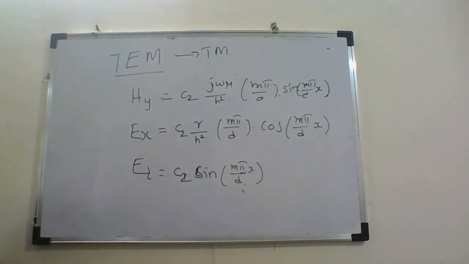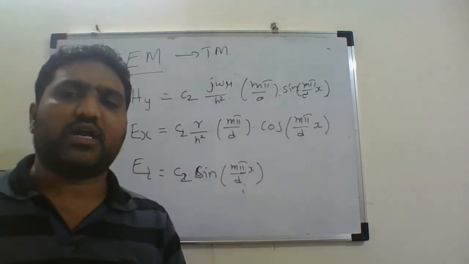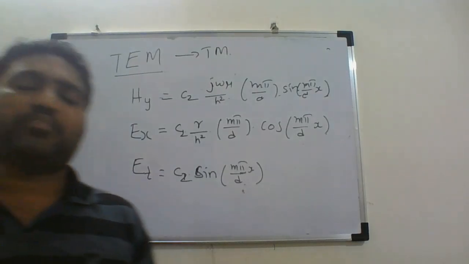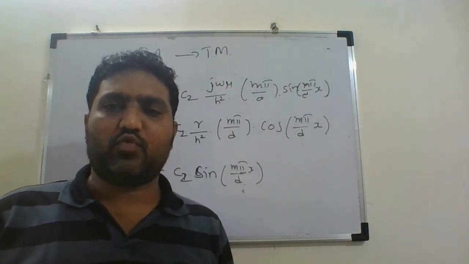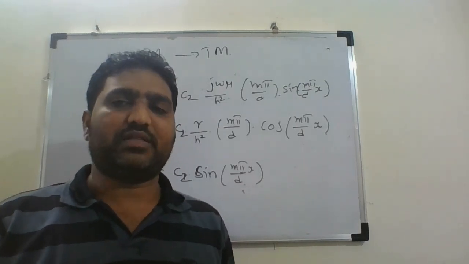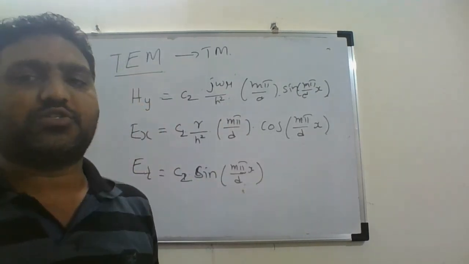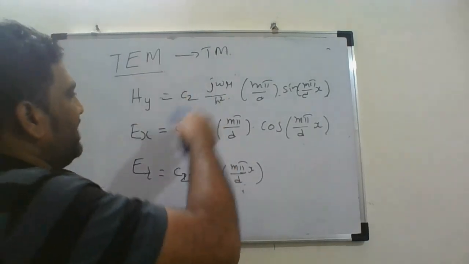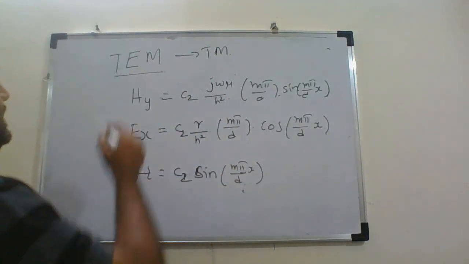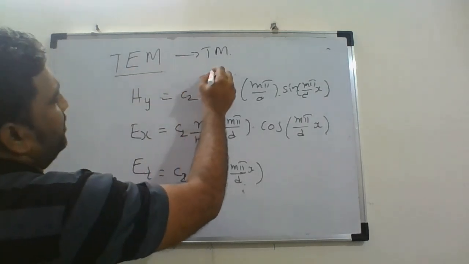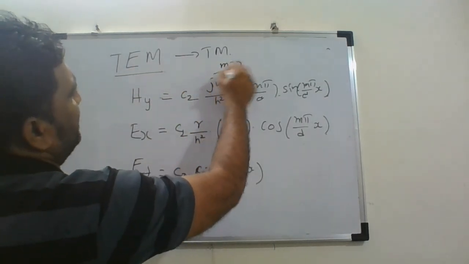These are the field expressions that we have derived in the previous lecture for the transverse magnetic mode, so you can go back and look at that video. Now if I substitute m equal to 0, the TEM wave will be obtained for the TM case.